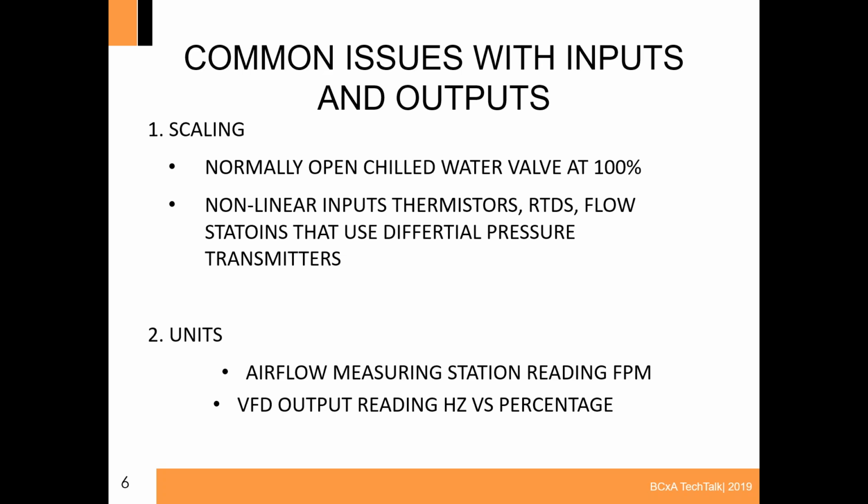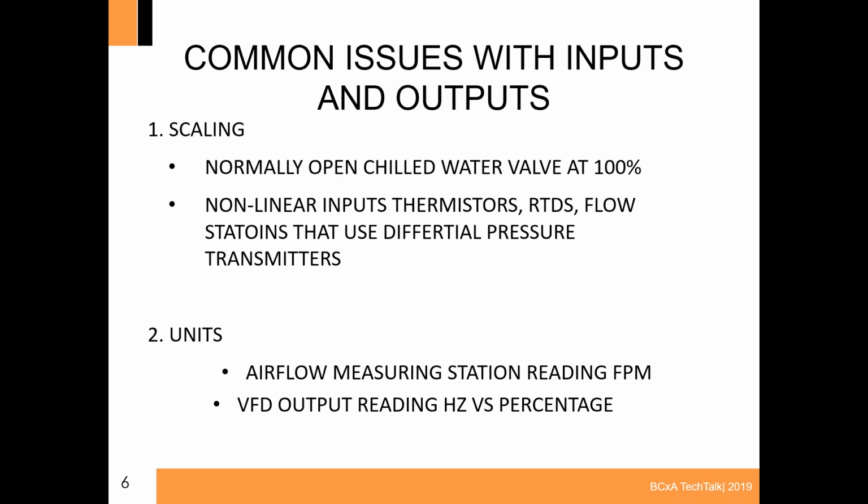If it's a normally open valve, that means when you're sending 0 volts, it's in the open position, and when you're sending 10 volts, if it's a 0 to 10 volt device, it's in the closed position. Well, some controls contractors don't change the scaling in their system. So when they're sending 10 volts, that's 100% output, and 100% output to a normally open valve means it's closed.